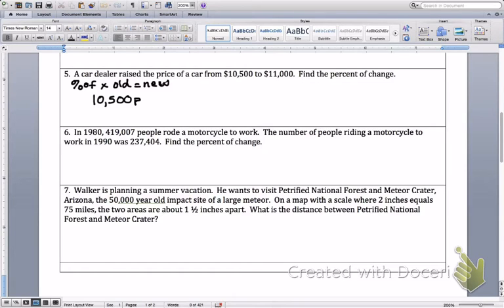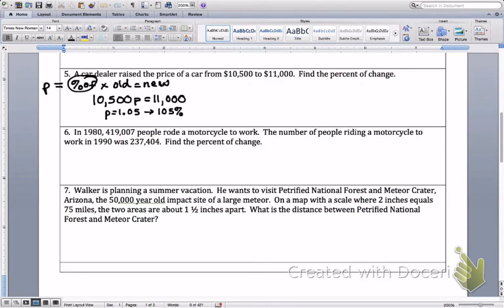Multiply that by P, and our new price is 11,000. Let's do 11,000 divided by 10,500, and we get P is equal to 1.05. If we convert that to a percentage, that's 105%.